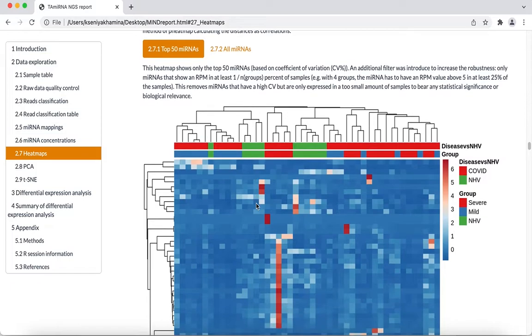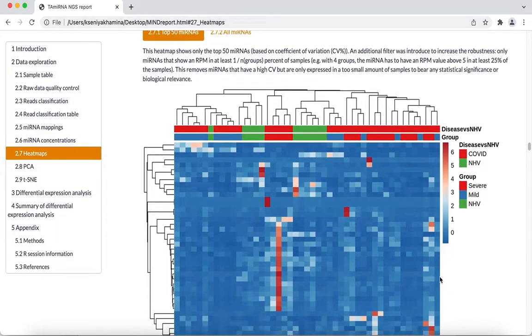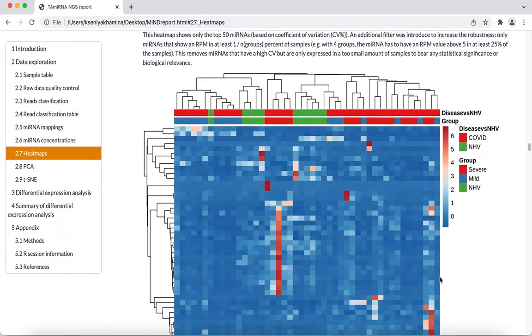2.7.1 This heatmap shows only the top 50 microRNAs based on coefficient of variation. An additional filter was introduced here in order to increase the robustness. Only microRNAs that show an RPM of at least 1 in at least 1 divided by the number of groups percent of samples were used.